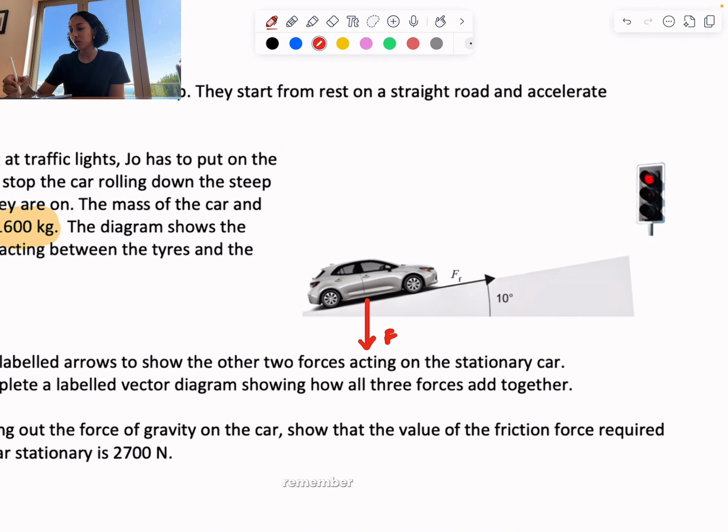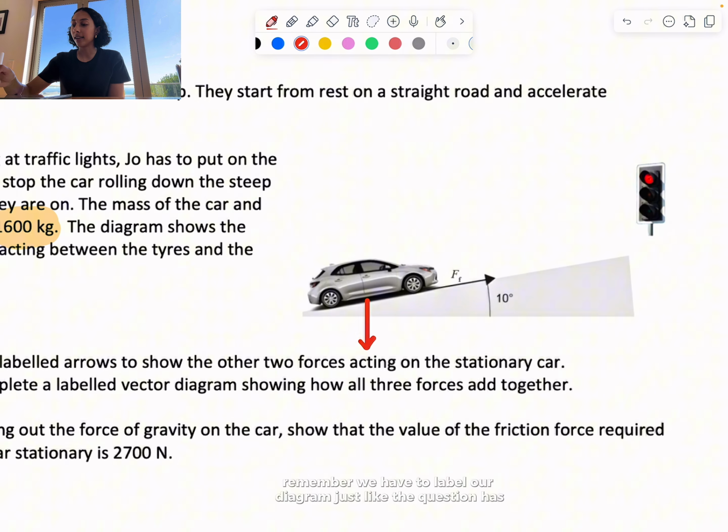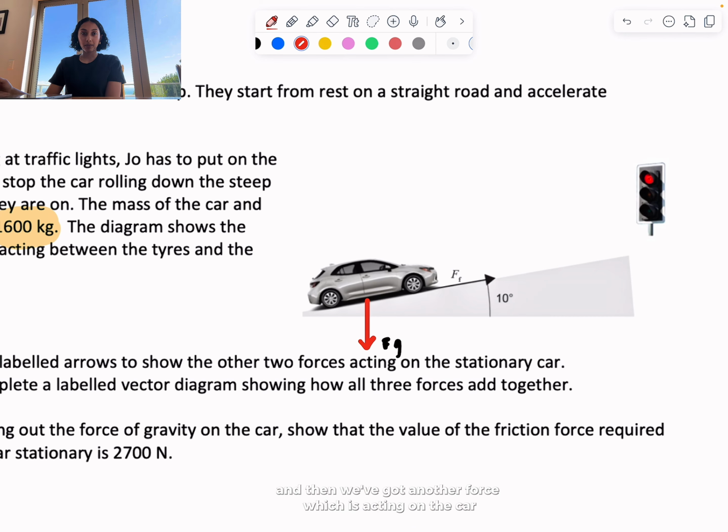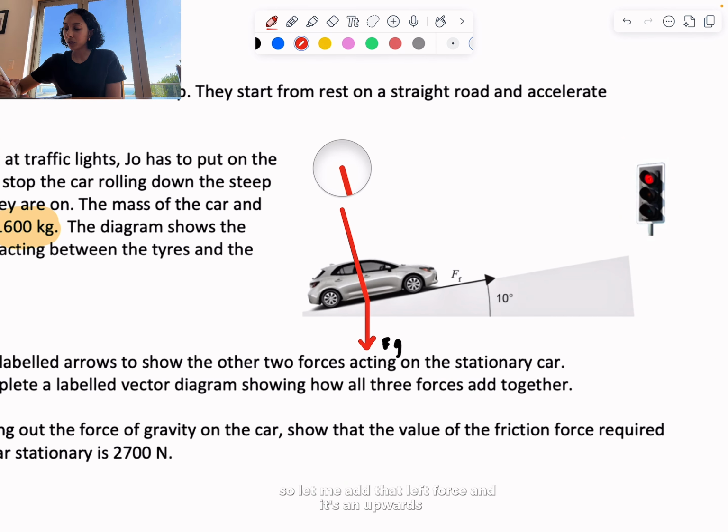So FG. Remember, we have to label our diagram just like the question has asked. And then we've got another force which is acting on the car, and this is the lift force. So let me add that lift force, and it's an upwards force.